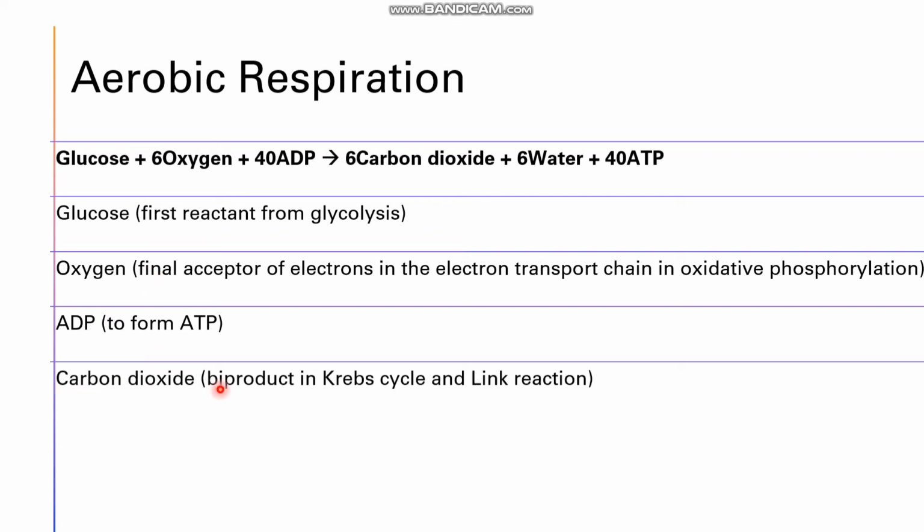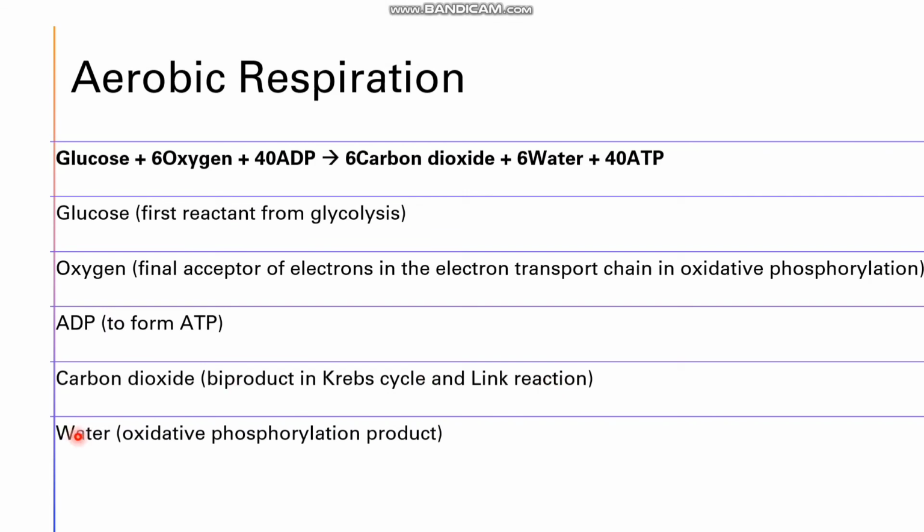And then we have our carbon dioxide product, and this is because it is a byproduct in the Krebs cycle and the link reaction. And then we have water, and this is the oxidative phosphorylation product because we have combined our H+ ions with our reduced oxygen molecules.